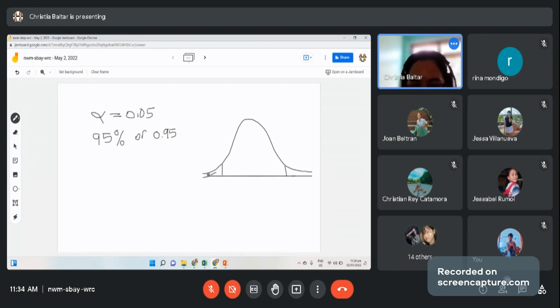Let me shade the area of the rejection region. This is the area of the rejection region. Take note, what is the value of alpha over 2? That's 0.05 divided by 2. That is equivalent to what? Point.